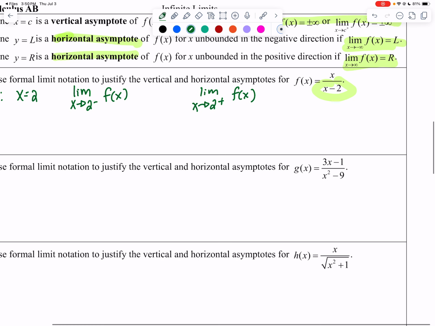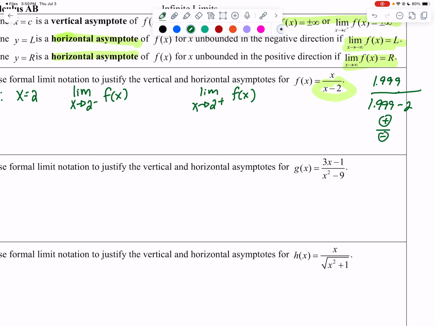So if I were to evaluate 1.999, I'm going to have 1.999, which is a positive number, over a very small negative number, which means that this right here, a positive over a very small negative, is going to be a negative infinity. So as the limit of x approaches 2 from the left of f of x, that is going to approach negative infinity right there.